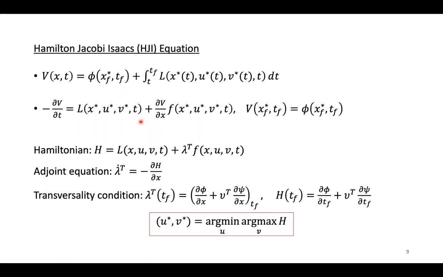So he did most of the work, and he was giving presentations in the Rand Corporation. And people say that actually Bellman saw one of his presentations, got inspired, and came up with the Bellman equation even before Isaacs was able to publish his results in 1965 or 64.